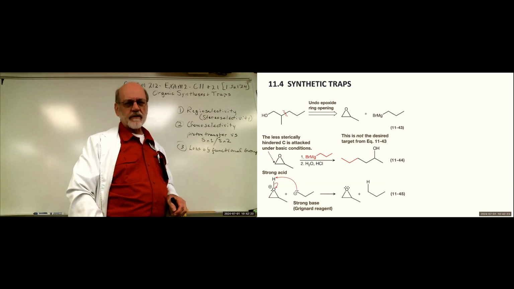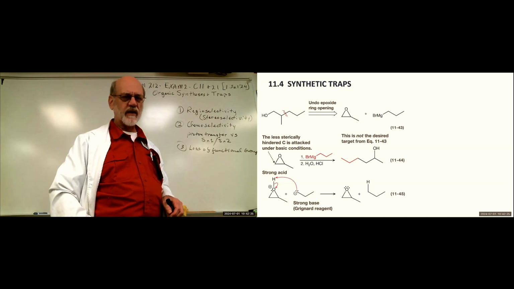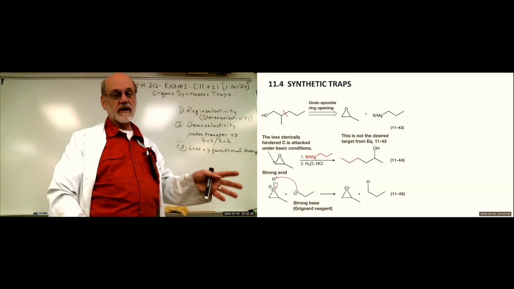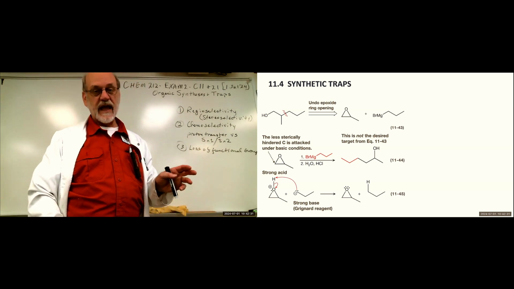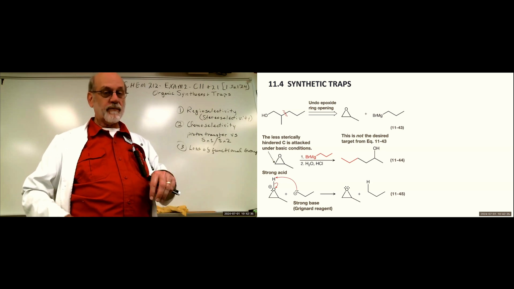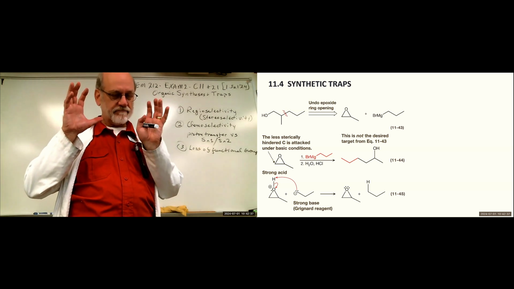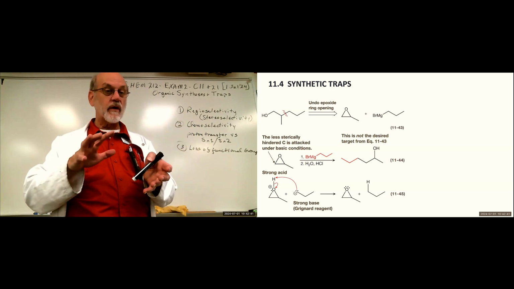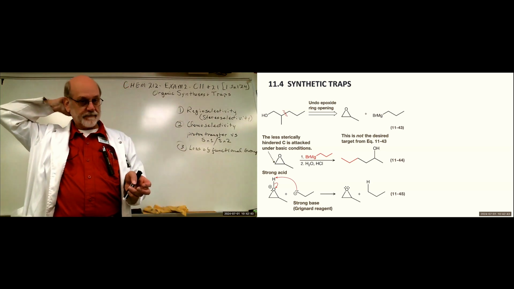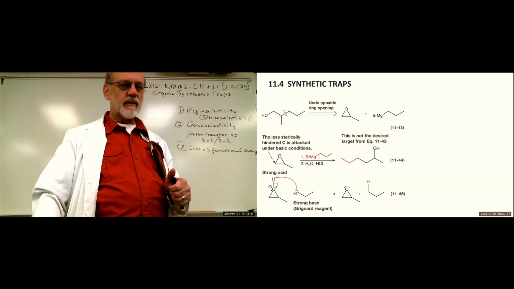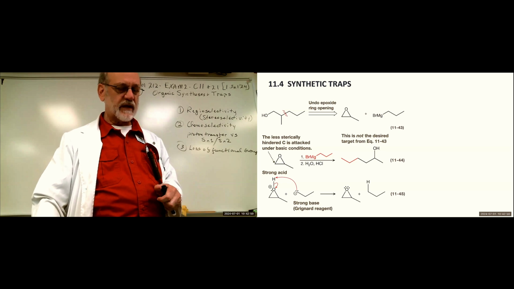So if we're going to try to form this compound on the left with a terminal hydroxyl using a terminal epoxide and a Grignard reagent, now we've proposed this retrosynthetic pathway. Now we're going to flip it around and say, will it work? The less sterically hindered carbon is attacked under basic conditions.